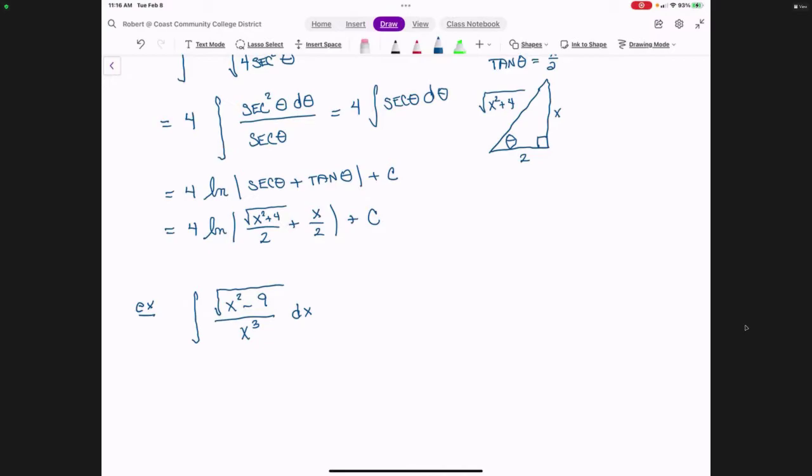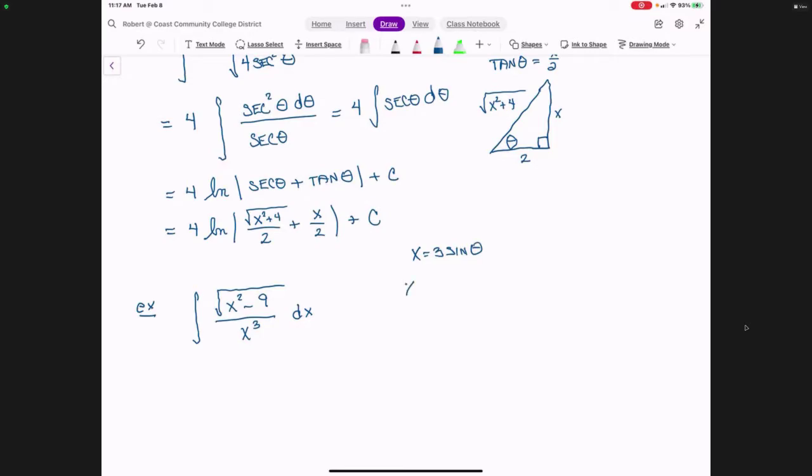Okay, what kind of substitution did you guys come up with? x is equal to 3 sine of theta. Okay, so if we were to let x be 3 sine of theta, then we're going to have 9 sine squared minus 1.